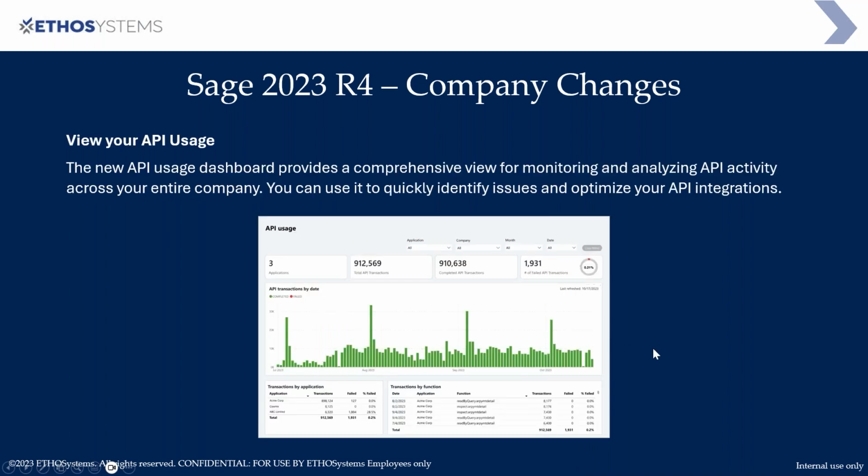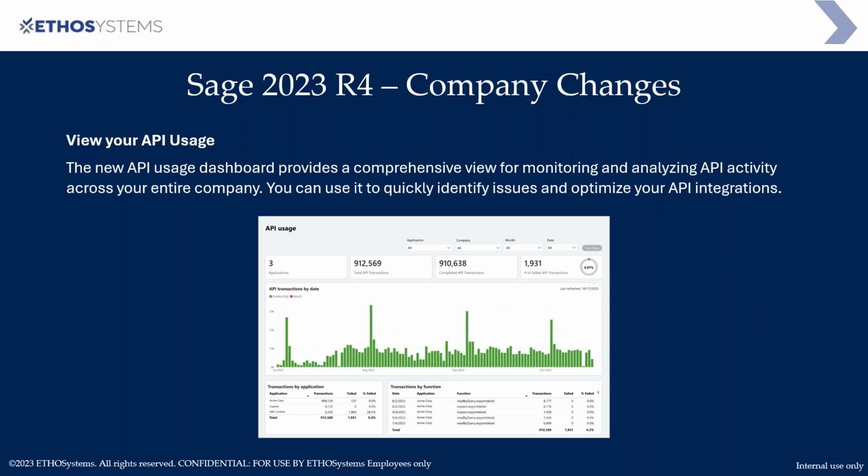The next thing that is really important is that right off the main menu in the company area, there is going to be a new option called API activity. Sage is monitoring a lot of the API calls, and the goal is to see where you are at if you're using too many API calls, but also which API calls are failing. For those who have integrations, this is really important to making sure that the integrations are running optimally and not erroring out or having issues.